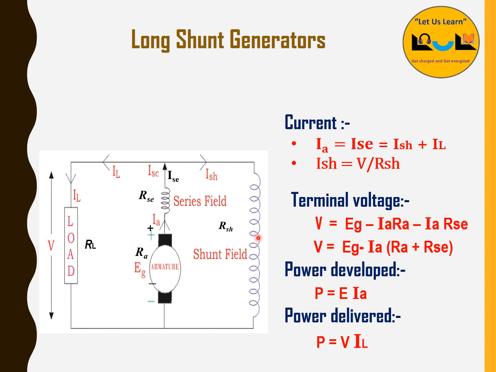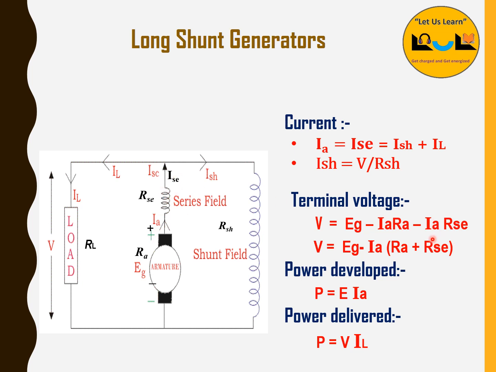RSH is the resistance of the shunt field winding, ISH is the current in the shunt field winding, RSE is the resistance in the series field winding, ISE is the current in the series field winding, Ra is the resistance in the armature winding, Ia is the current in the armature winding, and RL is the resistive load. Then the terminal voltage V is equal to Eg minus IaRa minus IaRSE, because Ia is equal to ISE.